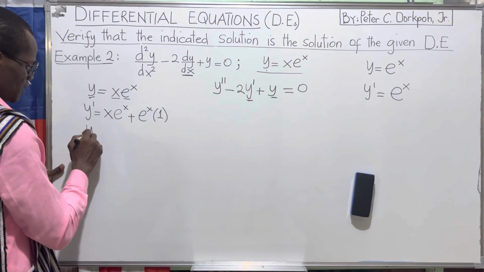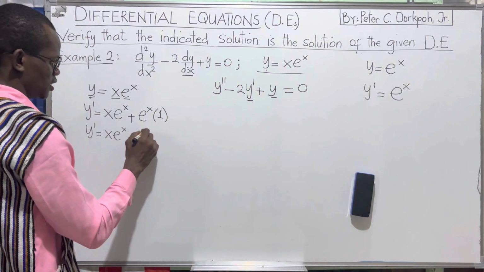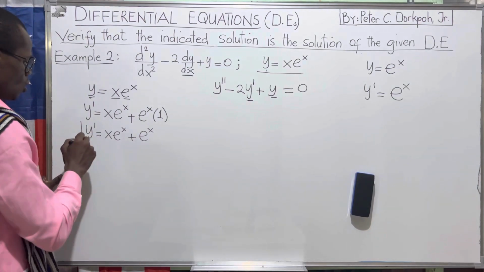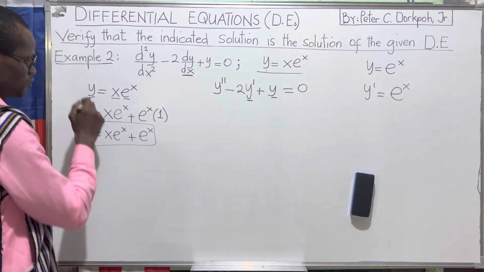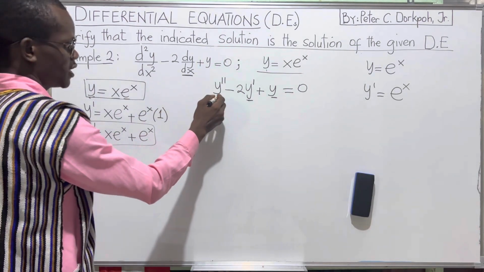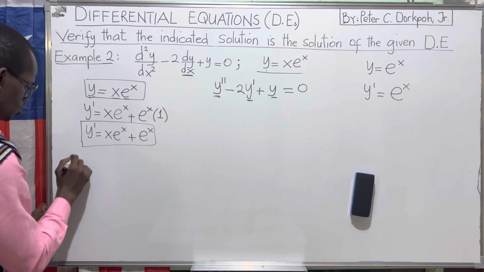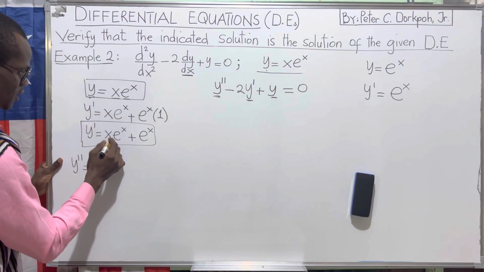Now we can simplify: y prime is equal to x e raised to the power x plus e raised to the power x. Wheresoever we see y prime, we're going to replace it with this one, and wheresoever we see y, we replace it with this one. What do we need again? We need y prime prime. So we differentiate this one, the same thing.